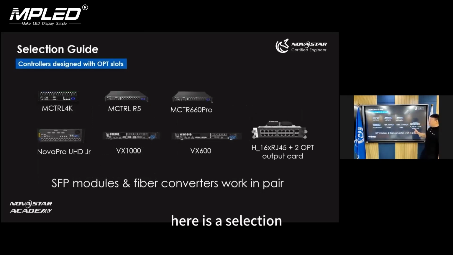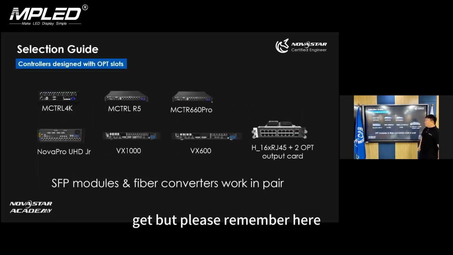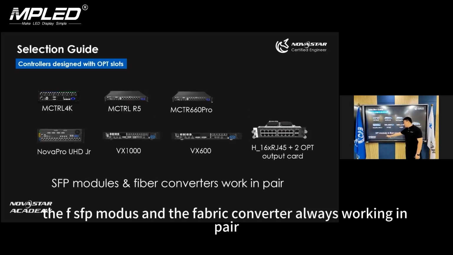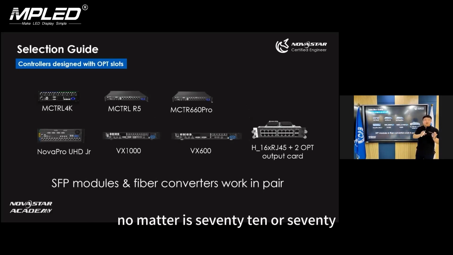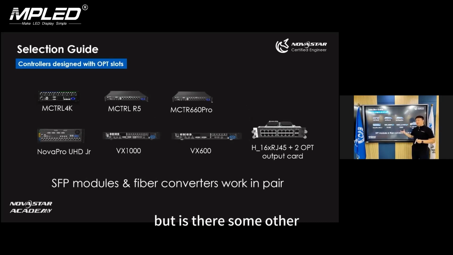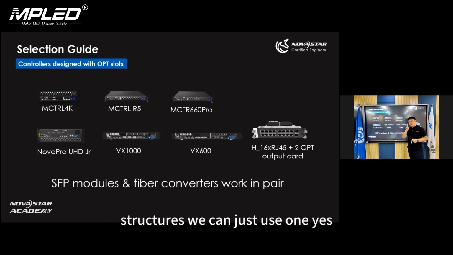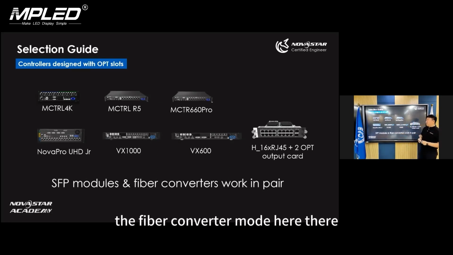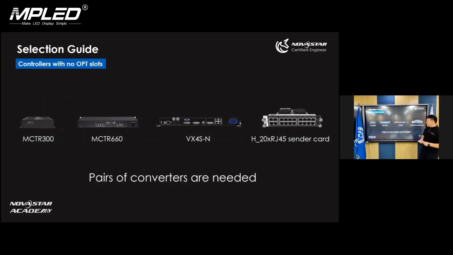Okay, here is a selection guide, but please remember, the fiber converter and the SFP modules always work in pairs. No matter if it's CVT10 or CVT310 or 320, we need one for sending and one for receiving. But if there are some other structures, we can just use one. Yes, because we have some sending controllers with different modes, right? In the previous pages, we mentioned the fiber converter mode here.